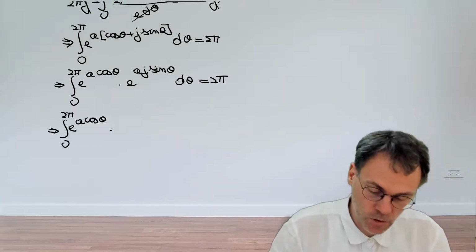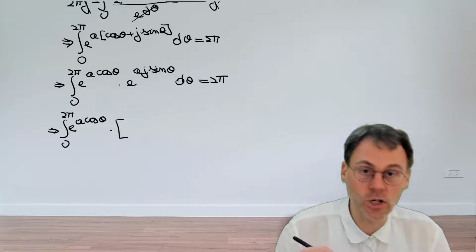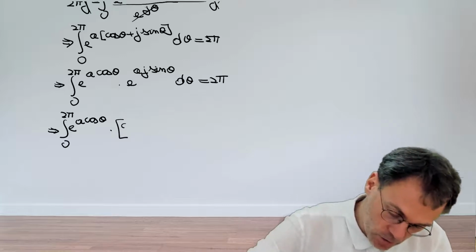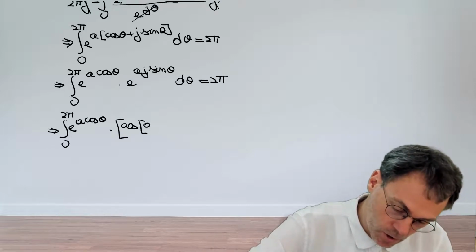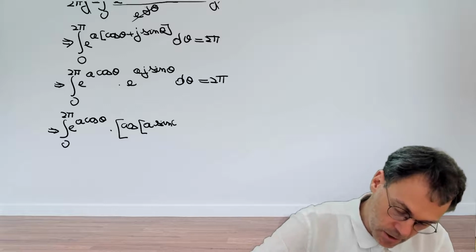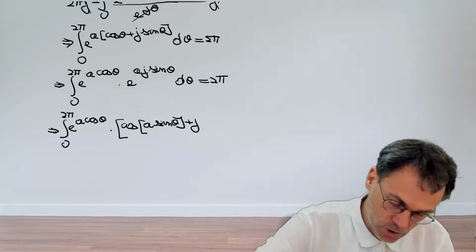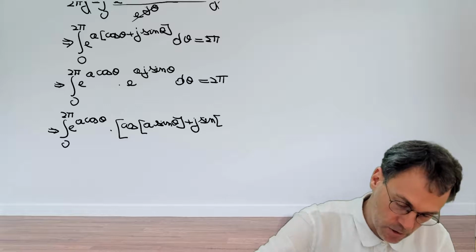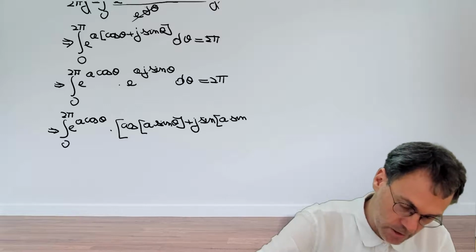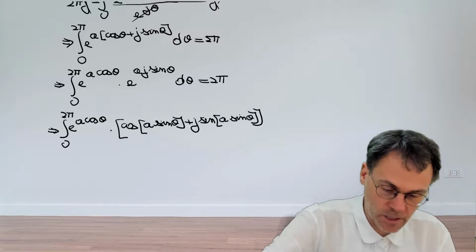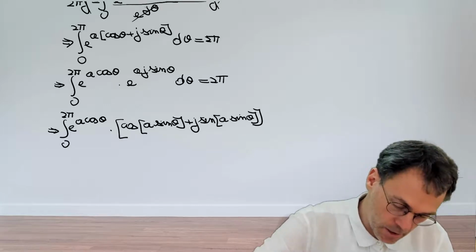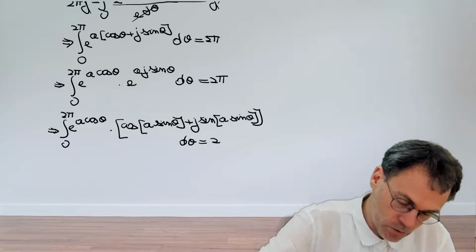So this becomes cosine of that something plus j sine of that something. So this becomes cosine of a sine theta plus j the sine of a sine theta d theta, which is equal to 2 pi.